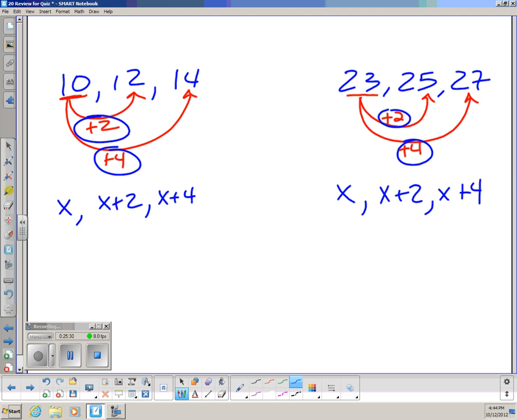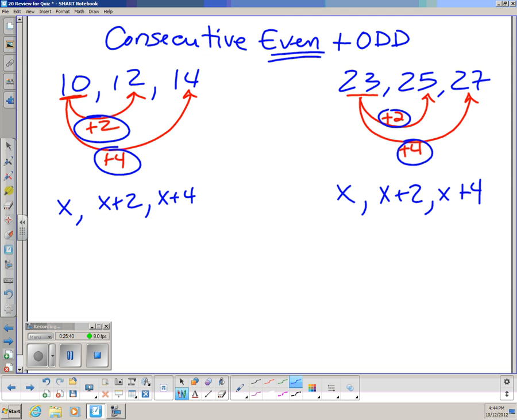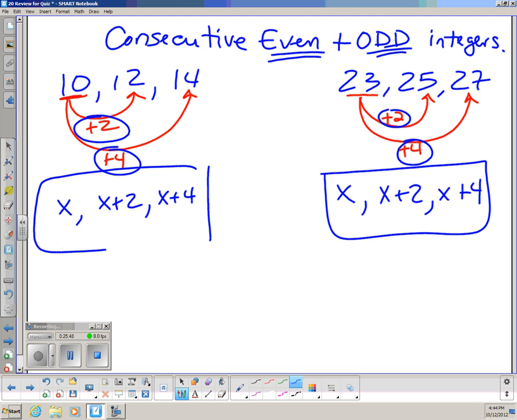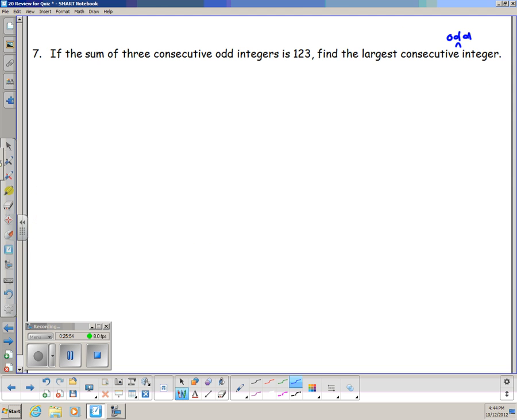So for consecutive even and odd integer problems, these are both the same thing. They're the same setup. So now we're going to go back.